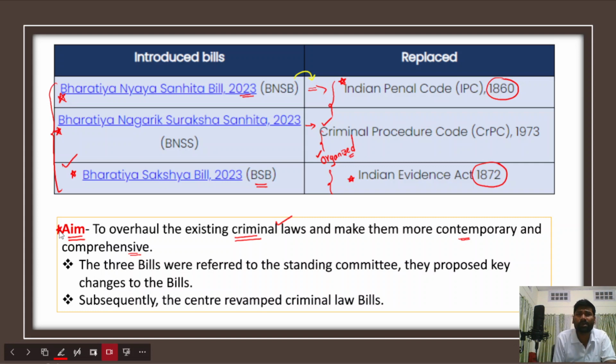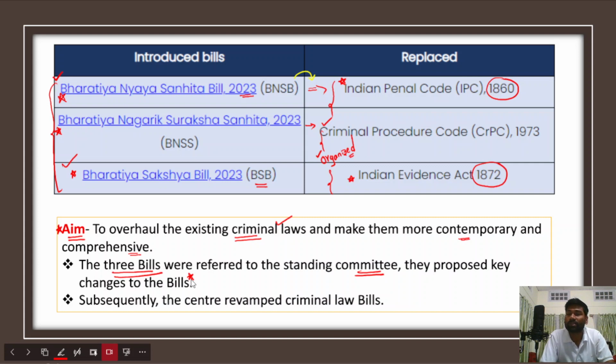As part of this Bharatiya Nyaya Sanhita, three bills were referred to the standing committee earlier. So earlier all these three bills, which replace the existing laws, were referred to the standing committee of the parliament, and the standing committee had also proposed key changes to these bills.